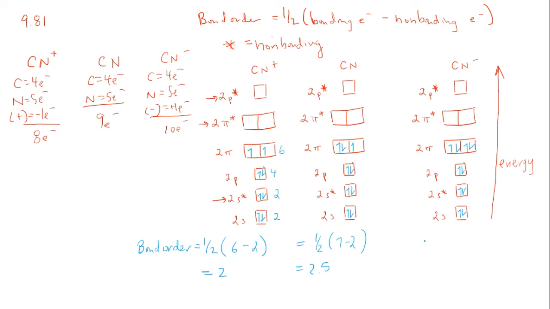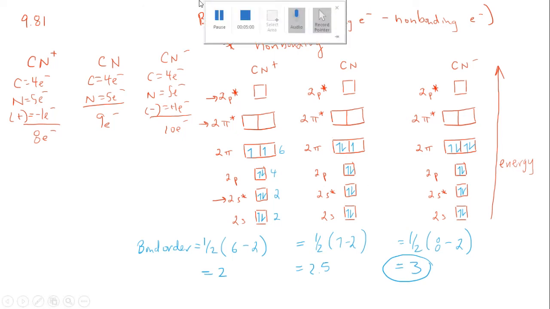And for the cyanide anion, we have 1, 2, 3, 4, 5, 6, 7, 8 bonding electrons, so 1/2 of 8 minus again only 2, this 2s star, our non-bonding electrons. 8 minus 2 is 6, and half of that is 3. So we see the cyanide anion has the highest bond order, so it has the strongest carbon-nitrogen bond as a result. Hopefully that helps answer this question 9.81.